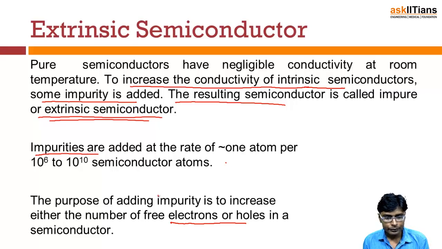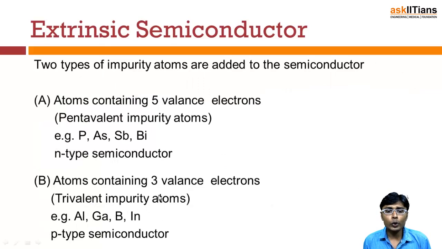Basically there are two types of impurity added to an intrinsic semiconductor: atoms containing 5 valence electrons and atoms containing 3 valence electrons.